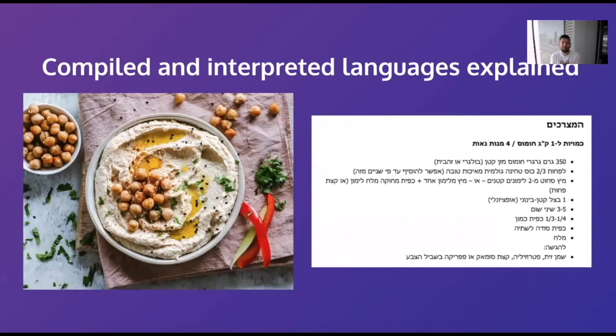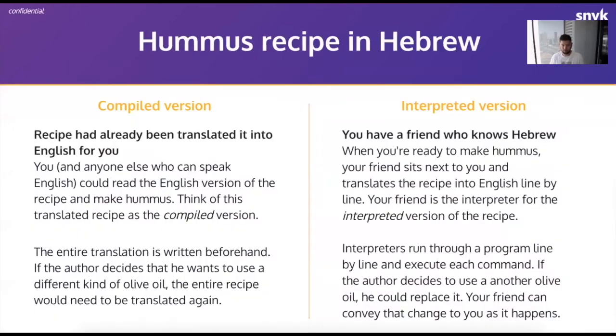What can be easier to explain compiled and interpreted languages than explaining a hummus recipe written in Hebrew? Imagine you want to cook hummus, but the only thing you have is a recipe written in Hebrew. For you, as an English speaker, there are a couple of possibilities.